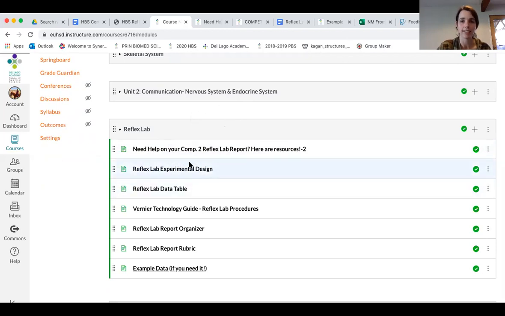We have the experimental design guide. We did this in class. It helped you identify your independent and dependent variables. Remember, your independent variable is the kicking reaction, right? The voluntary kick compared to the knee jerk or patellar reflex. Okay, so that's the independent variable. And the dependent variable is what we are measuring, which in this case is time, right?